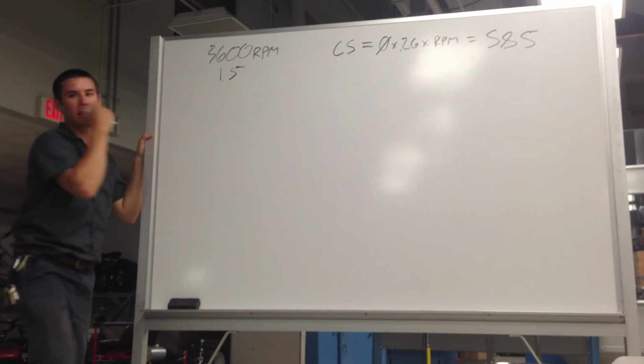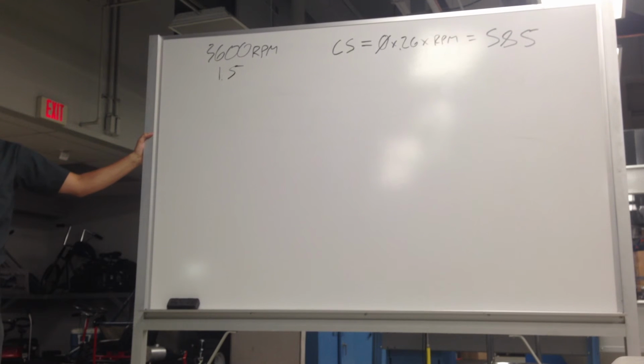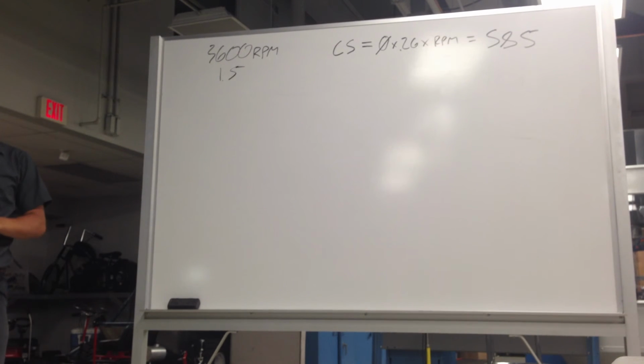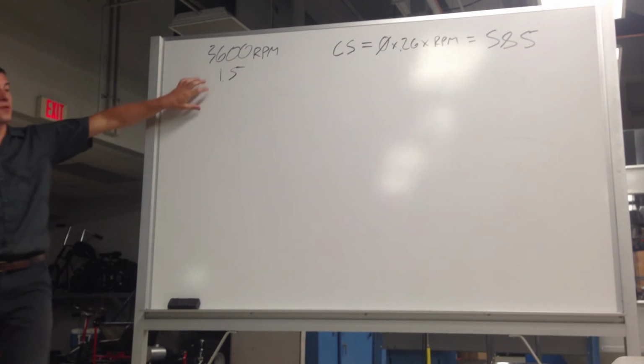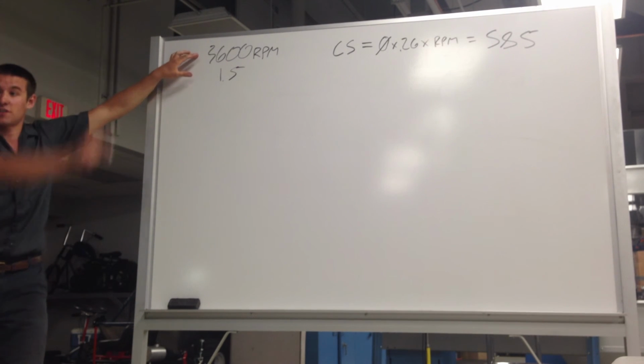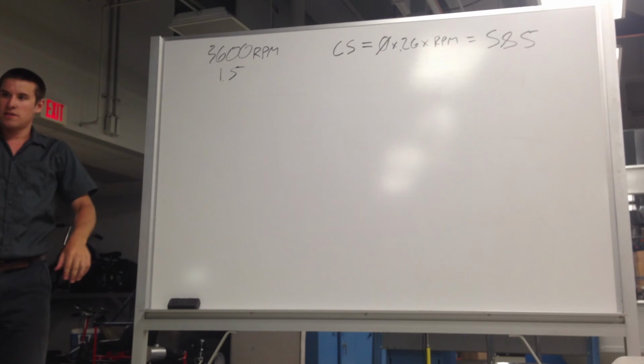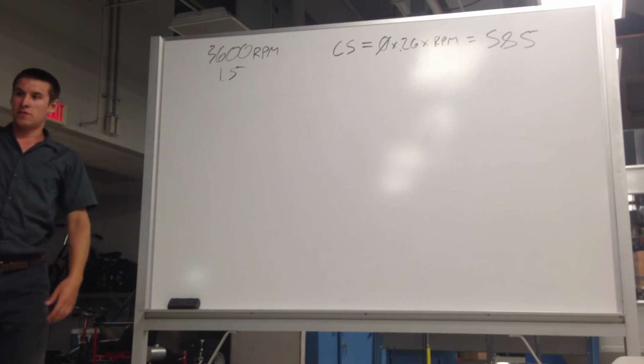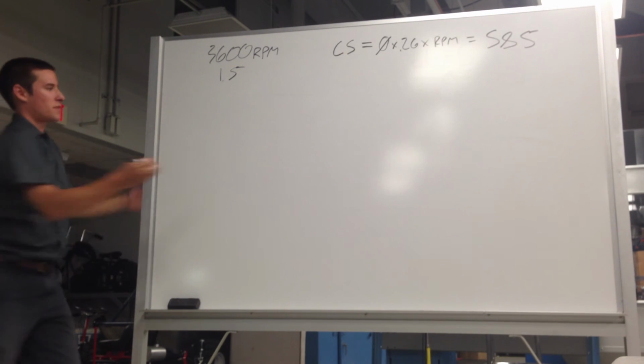What's that do to my speed? 1,404... 1,440. So it goes up. The bigger tool, right? At the same RPM, that means the outside's spinning faster. Same rotation, right? Takes the same time.